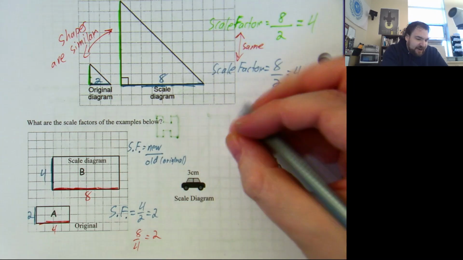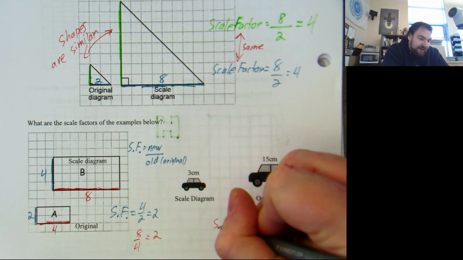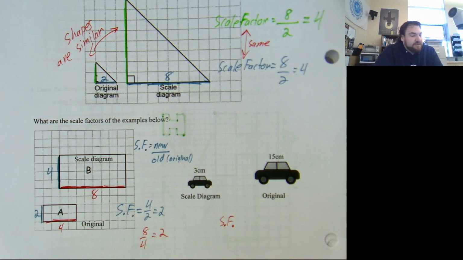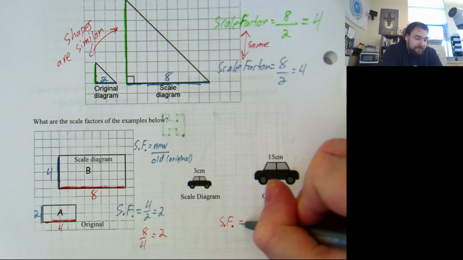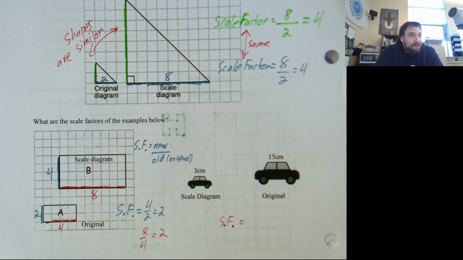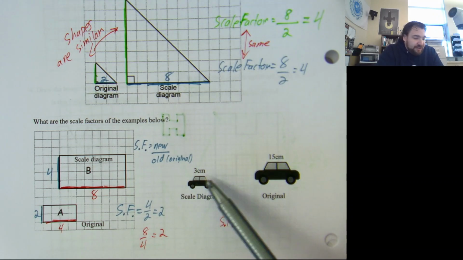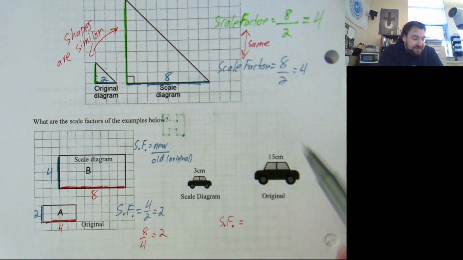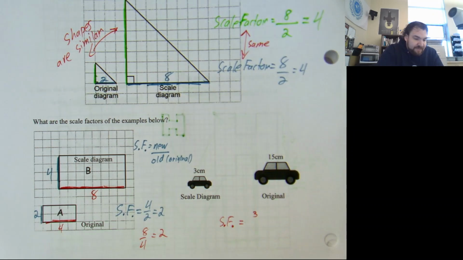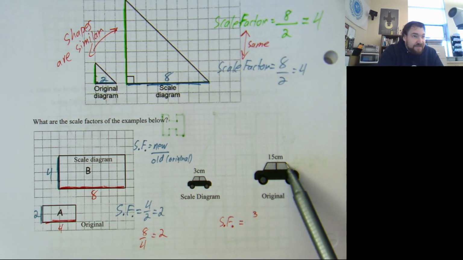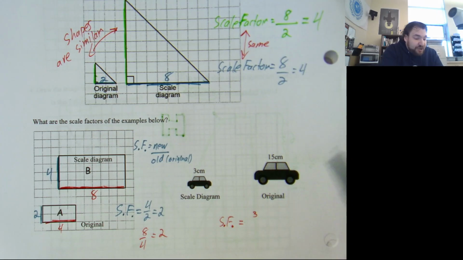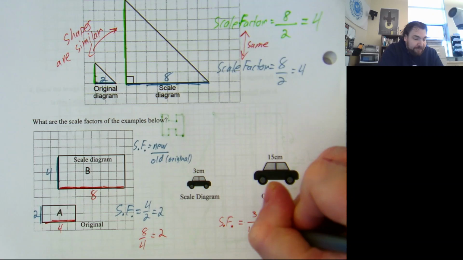And then for this last guy here, what's the scale factor to go between the diagram and the original? Which value goes on top? The scale diagram length always goes on top. So they're telling you that this length here in the car is 3 centimeters, and the original is 15. So the original always goes on the bottom.